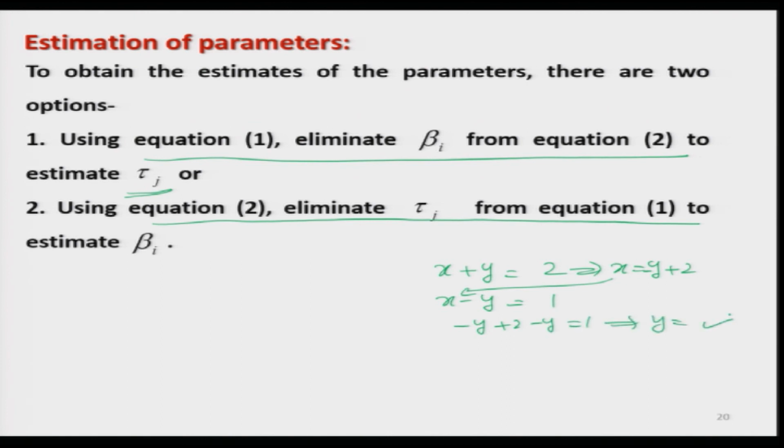Or the second option: from the first equation write y equal to 2 minus x, replace this y in the second equation to get x minus 2 plus x equal to 1, and obtain the value of x, right. But in that case we have two equations, two unknowns, and the equations are estimable and linearly independent, so the parameters are estimable. In our case this is not happening.